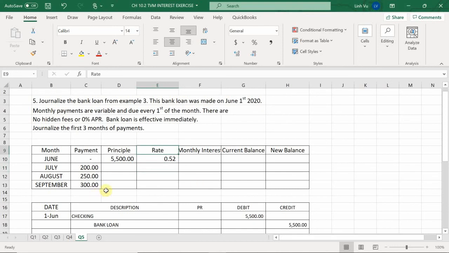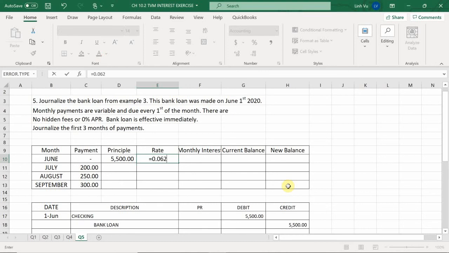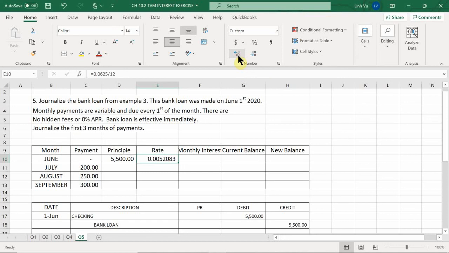If my interest rate was 0.0625, and we divide that by 12, you would get 0.05208. You get this long number here.